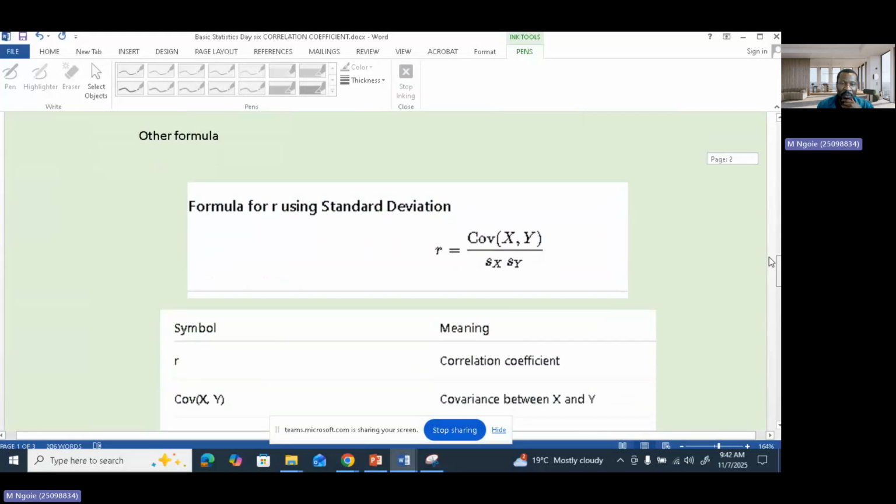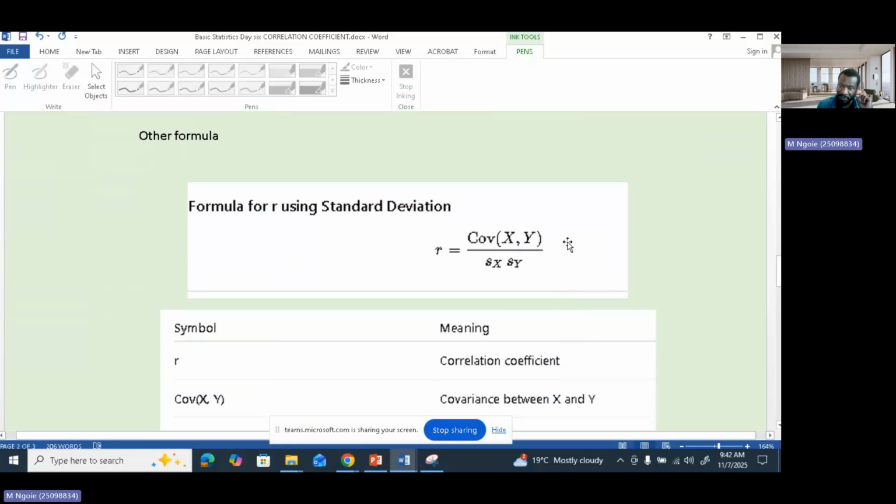Okay, now there is another formula that you can go for. You can find the correlation coefficient by using the standard deviation. So sometimes you don't want to go to the first formula. You can use the standard deviation in order to find the correlation coefficient. What is the formula?